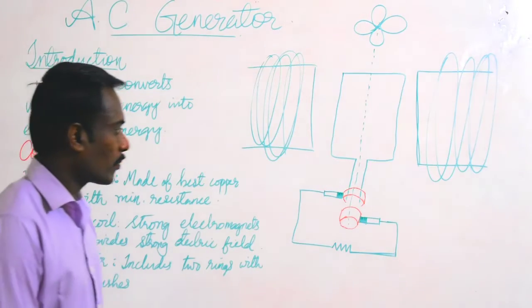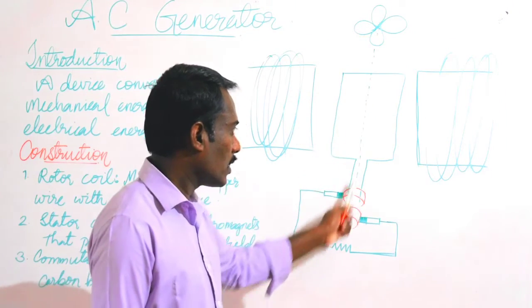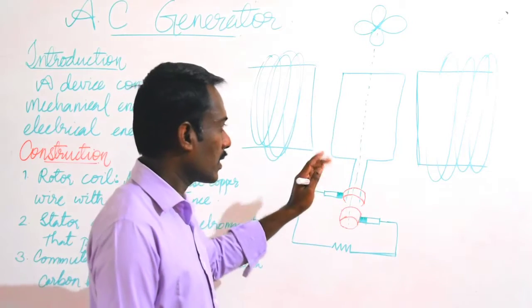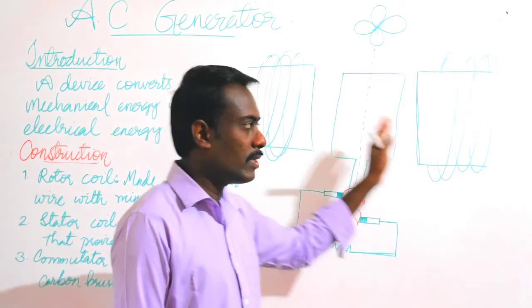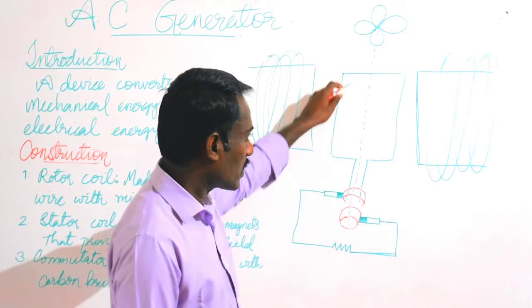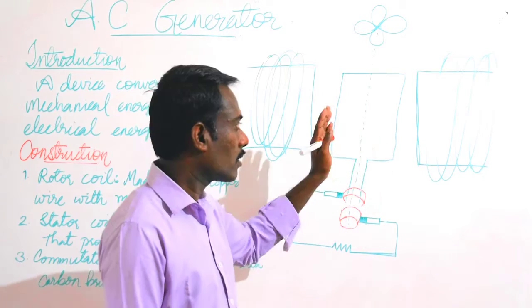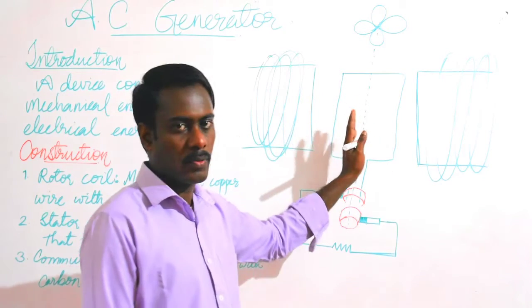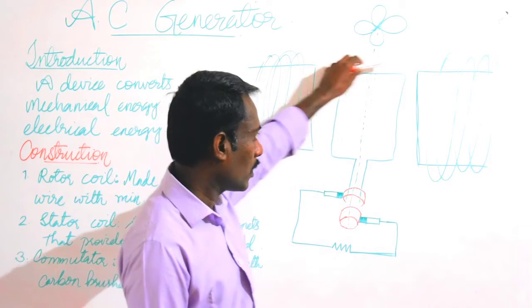As I said, a long shaft is connected to a rigid frame, and the frame is not shown in the figure. This long shaft is connected with a large number of turns of copper wire, which produce a coil.